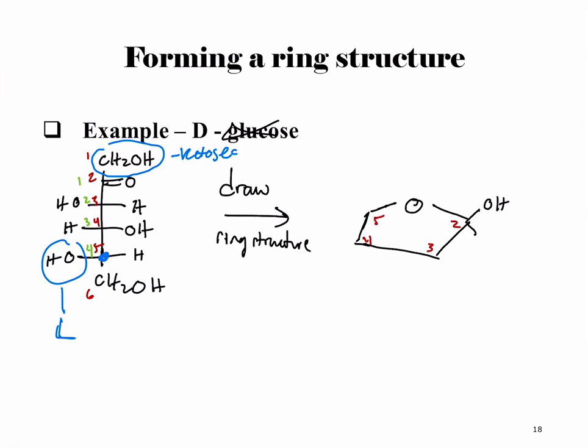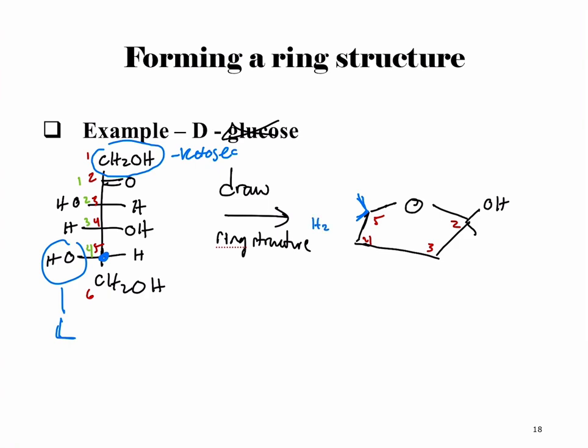So where are we going to put a CH2OH group? Yep, we're going to put one on 5, and that's according to the D or the L isomer, right? So this is either going to go up or down. I'm just going to draw it off to the side because it's a little hard to draw going down here. And so is it going to go up or down? Down because it's an L isomer, right?